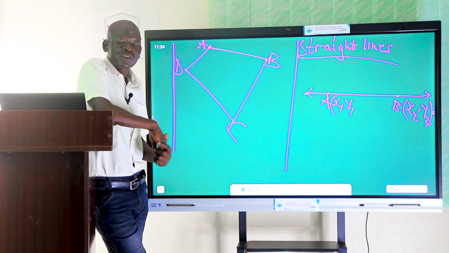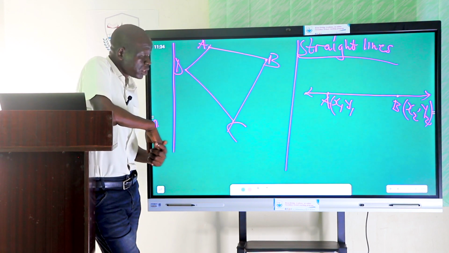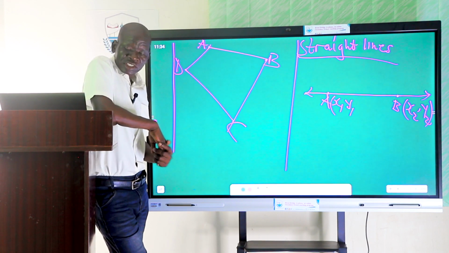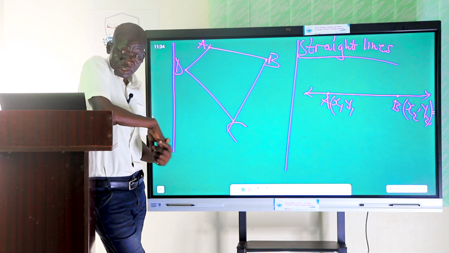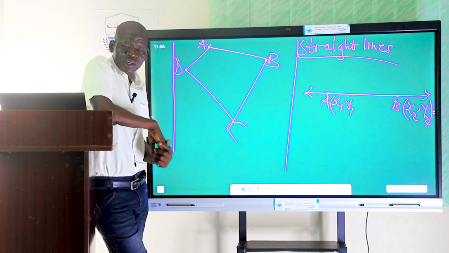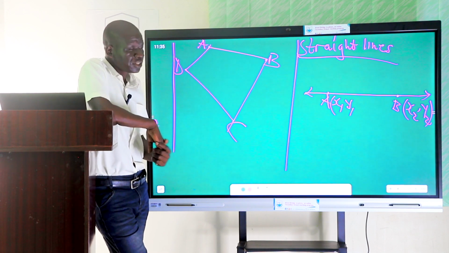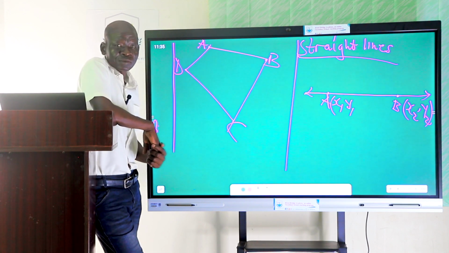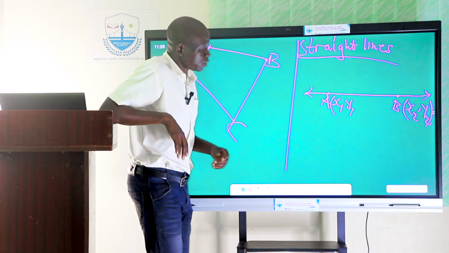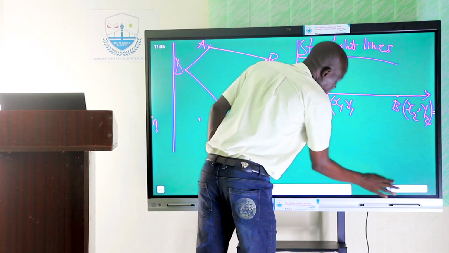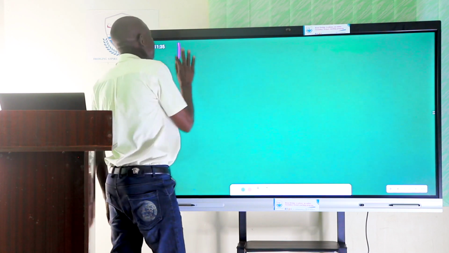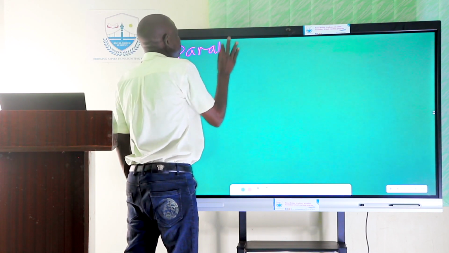Lines that are drawn in a plane which don't meet, however far they are extended, are referred to as parallel lines.